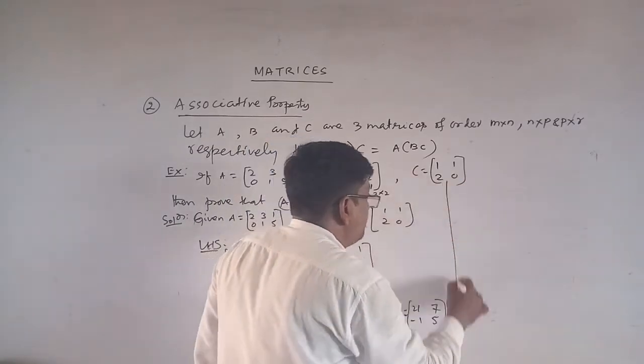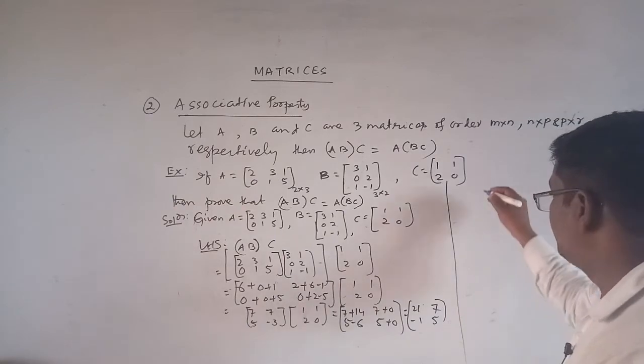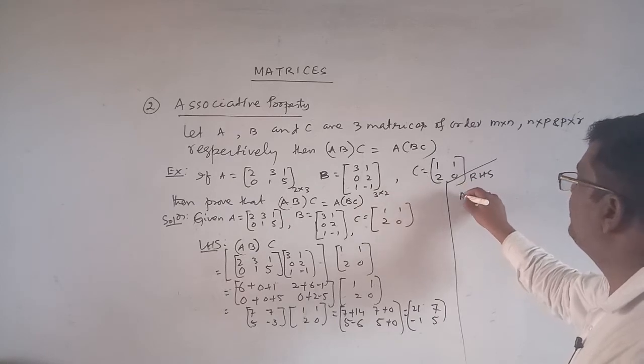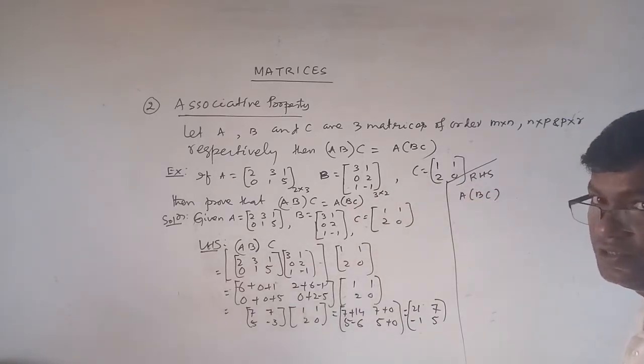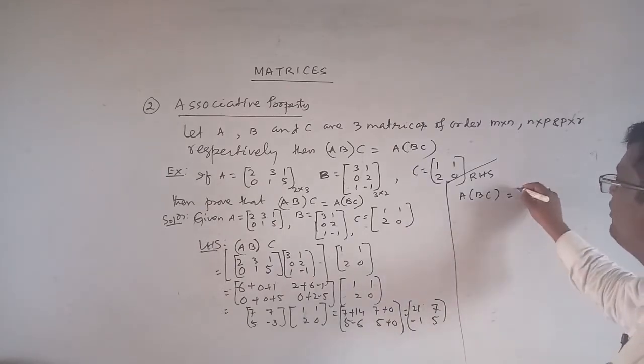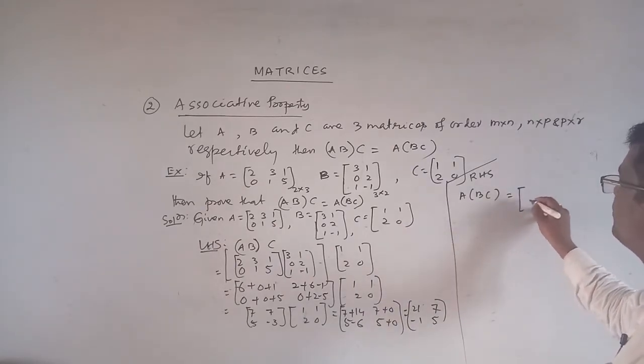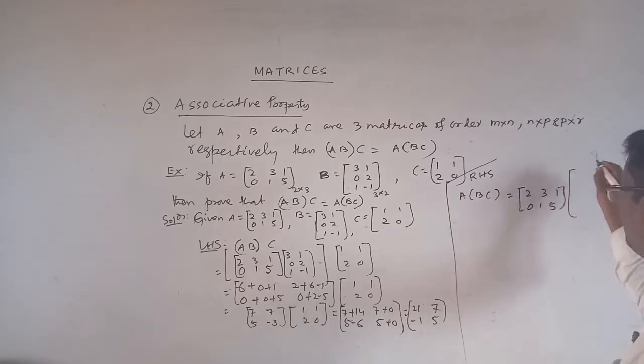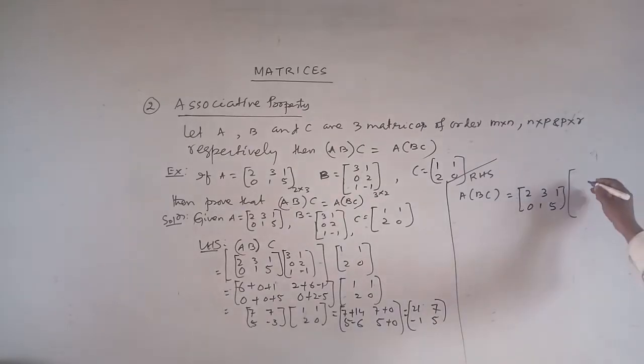Now the RHS is A bracket BC. So A means 2 3 1 0 1 5, whole brackets. BC: B means 3 1 0 2 1 minus 1, and C means 1 1 2 0.